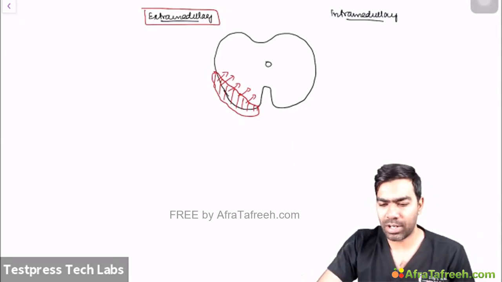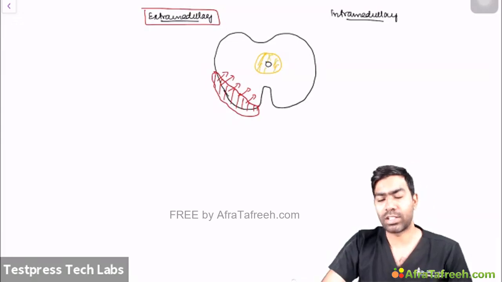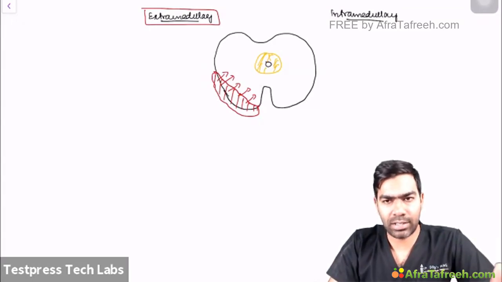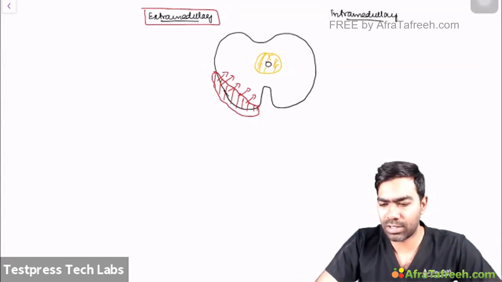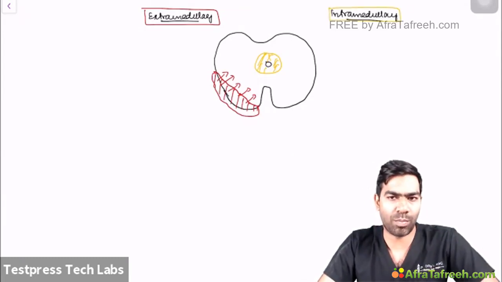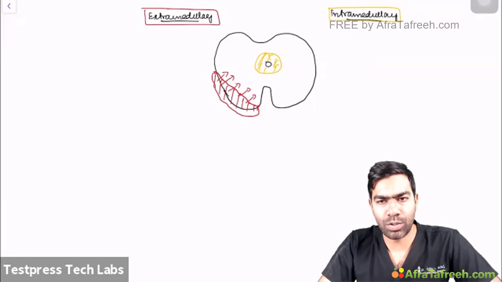As far as intramedullary is concerned, you can imagine like a central cord lesion. So that's how they're going to mimic. So the basic understanding: extramedullary lesions compress from the outside, whereas intramedullary lesions are going to mimic a central cord lesion. For both these things, the most common cause is tumor only.